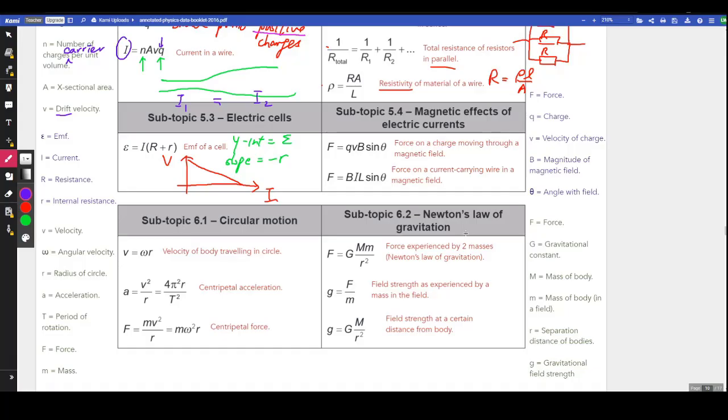Topic 5.4. So this is the magnetic force experienced by the charge. So Q is a charge in coulombs, V is the speed that it is moving at, and B is the strength of the magnetic field. And then you may notice here is a sine theta again. Ideally, if you recall the hand rules, left hand rule or right hand rule, no matter what, it's always 90 degrees.